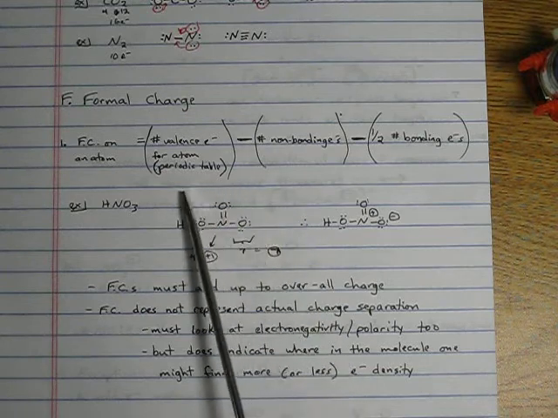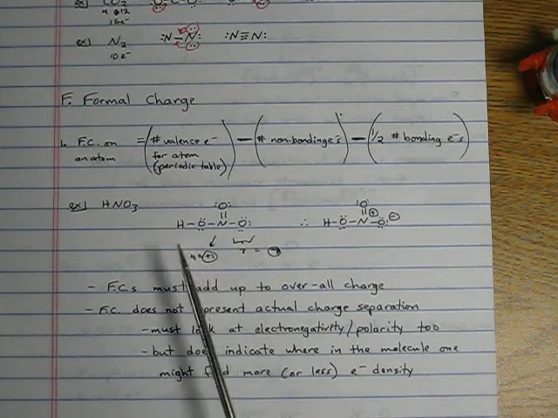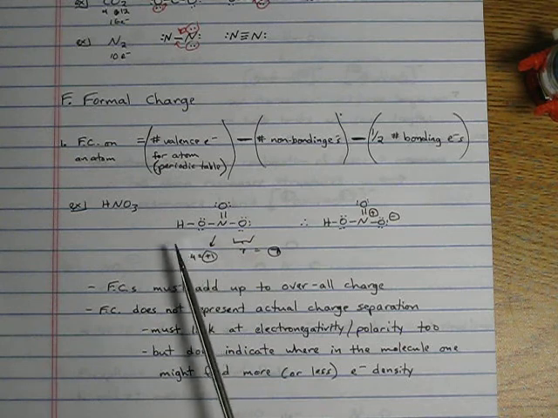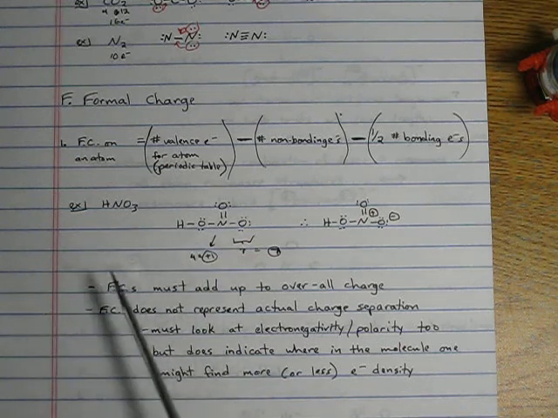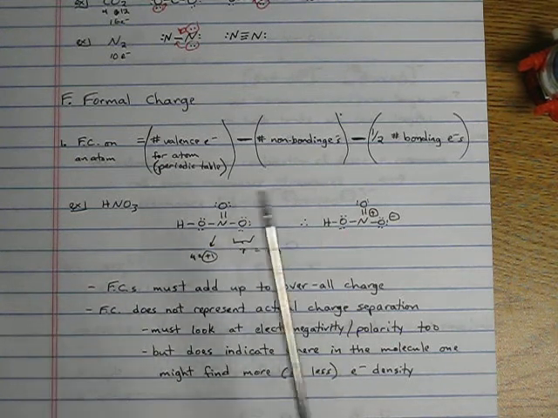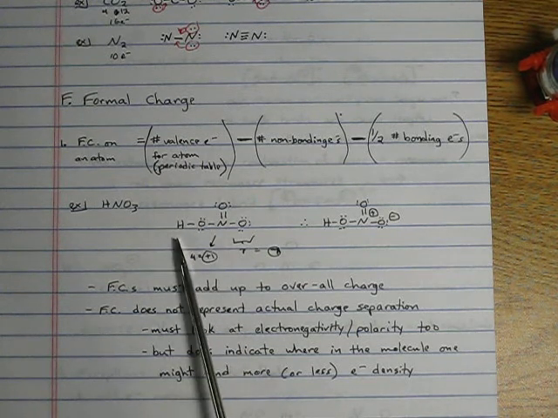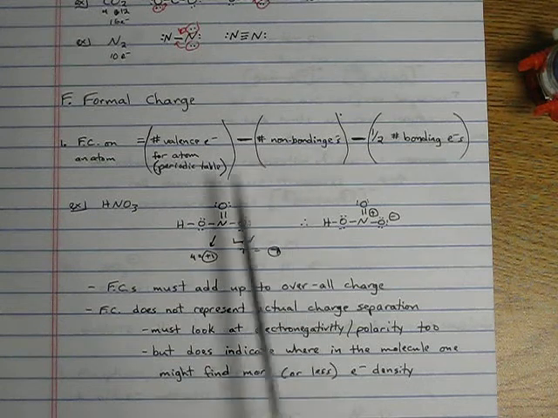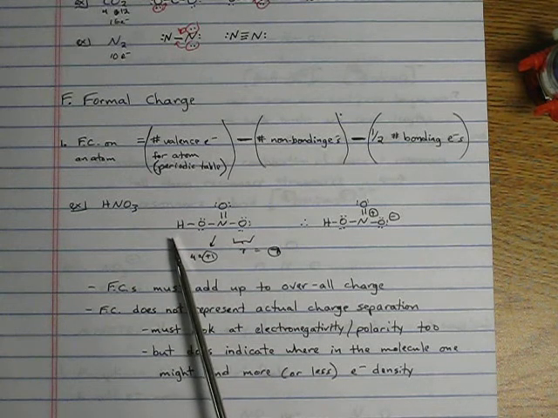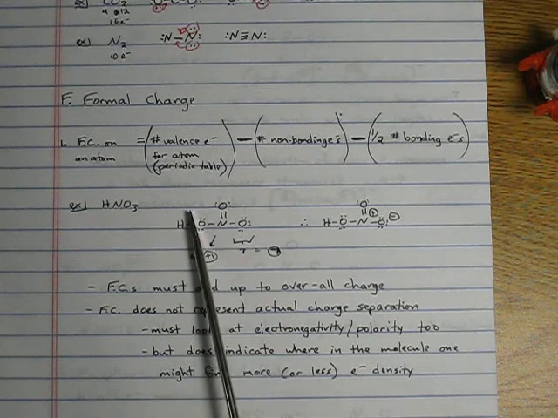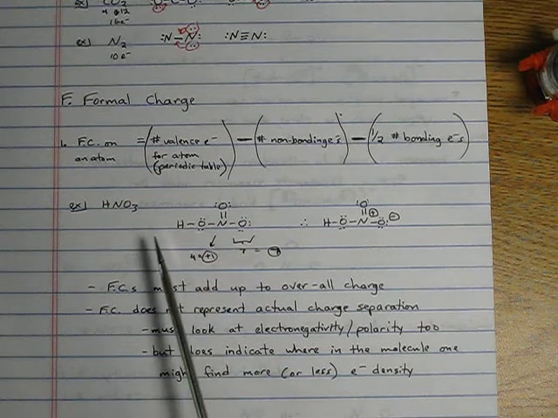Okay, here is nitric acid, the Lewis structure for HNO3, and let's look at the formal charge of each of these atoms. Let's start with the hydrogen. Note, hydrogen normally has 1 valence electron. There are no non-bonding electrons, no lone pairs on hydrogen. And for a bond, we just kind of split that bond in half for formal charge.